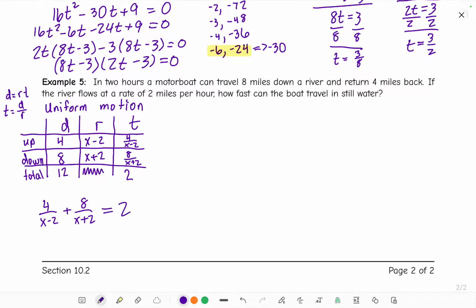So the first thing we have to do is multiply by the LCD to clear the denominators. Well, for this problem, the LCD is x minus 2 times x plus 2. So I'm going to just multiply everything by that.